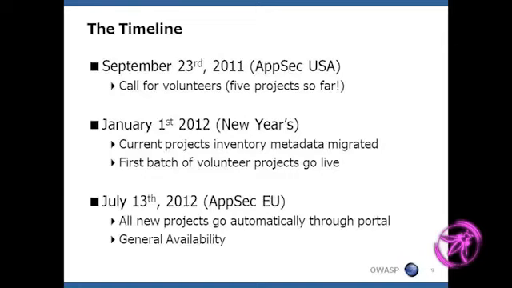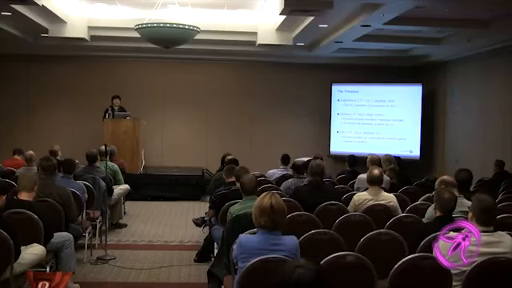We'll have the first projects that have volunteered today over on that portal, and by next year, I'm going to assert that all new projects will be available on the project portal, and anybody will be able to search on those things. So this is the kind of map of what I hope will become a far easier way for you guys to find the projects that you're looking for.